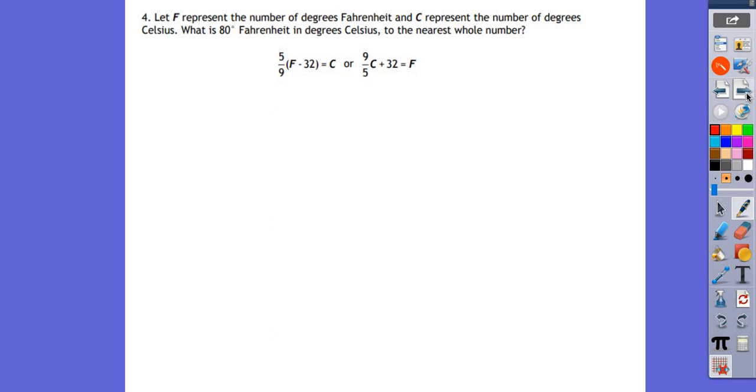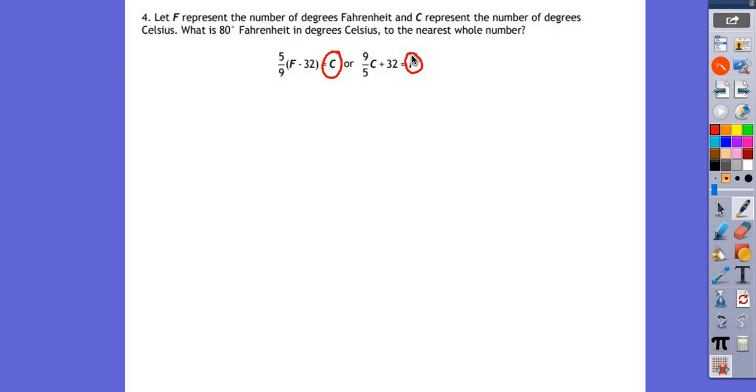What do you think the F stands for? Fahrenheit, and the C stands for Celsius. So if this one says equals C, what is that going to give me an answer for? Celsius. And if this says equals F, that's giving me an answer for Fahrenheit.